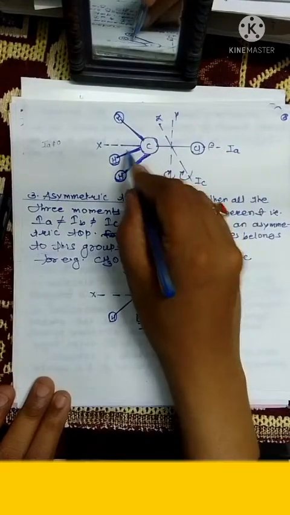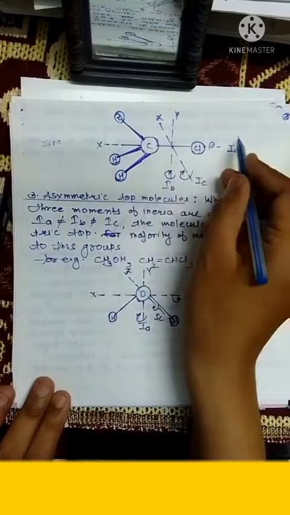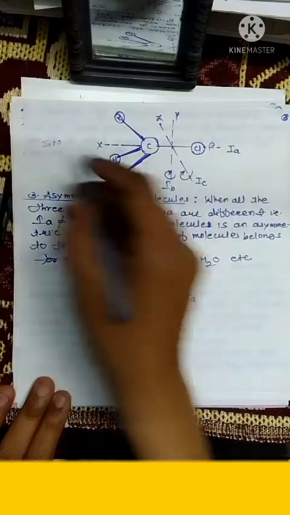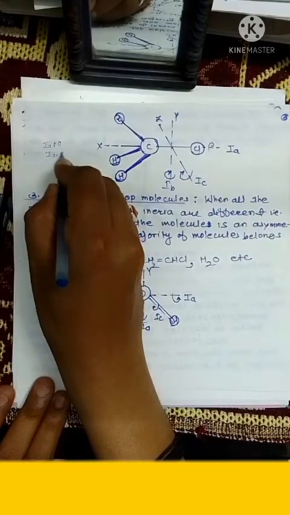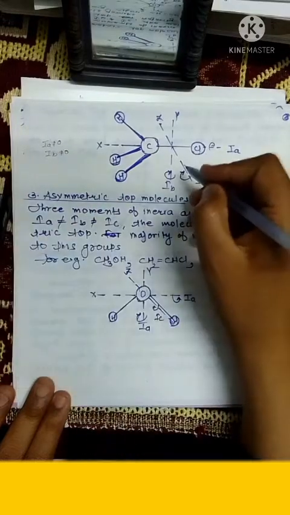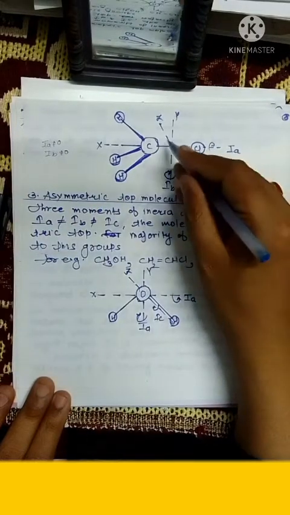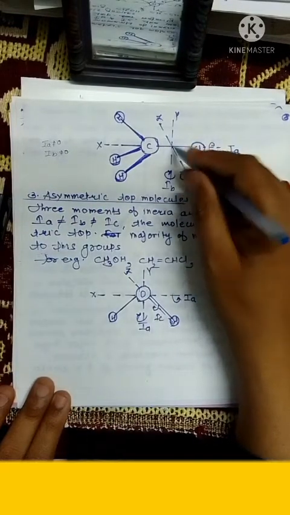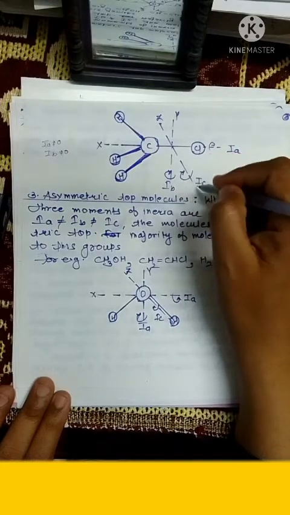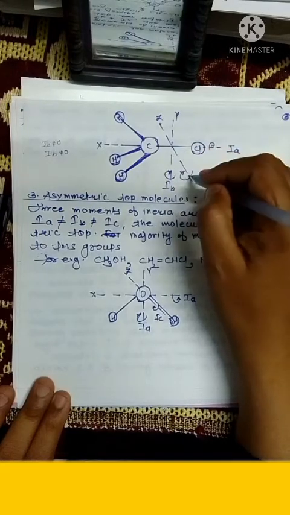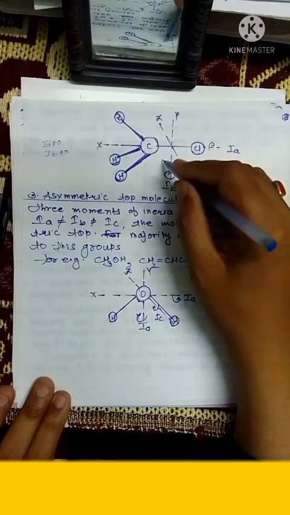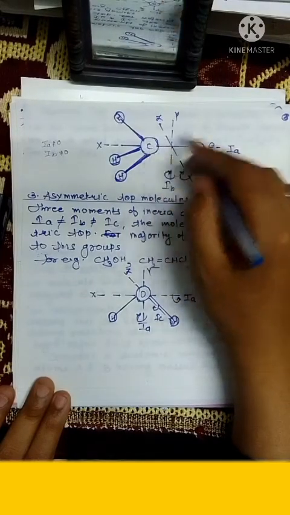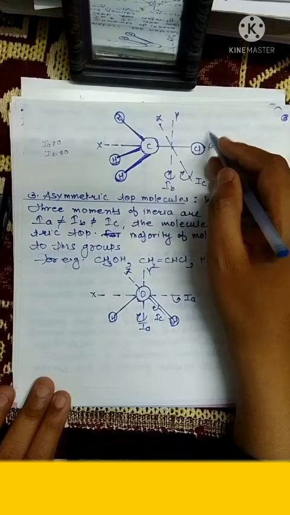Cl comes on left hand side and this methyl group goes on your right hand side. So Ib is also not equal to 0. What happens if you rotate this molecule along z-axis? When you rotate this molecule along z-axis, it is clear cut to see that Cl again comes on right hand side and this methyl group goes on your left hand side.